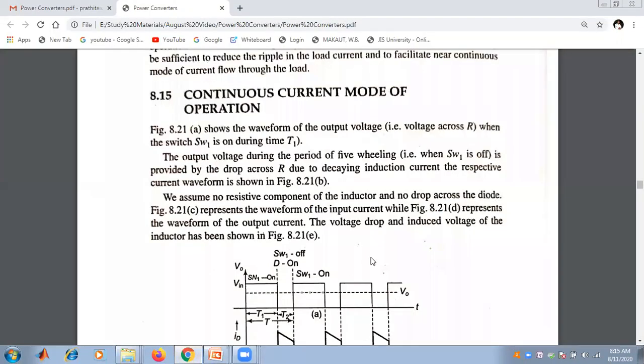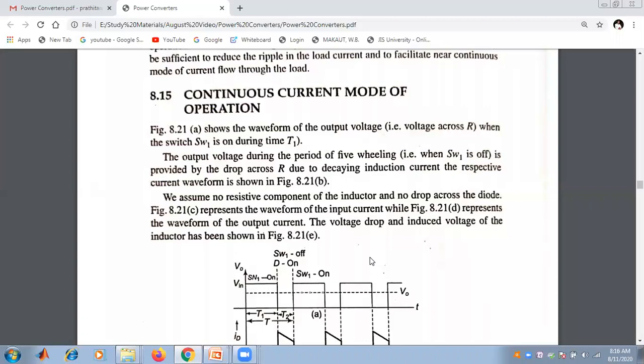In our previous lecture, we have seen the basic operating principle of buck converter. Now, we will consider two other modes of operation: the continuous current mode of operation and the discontinuous current mode of operation.